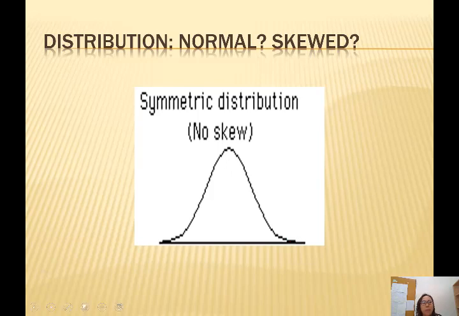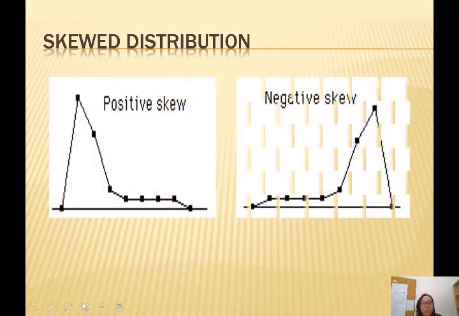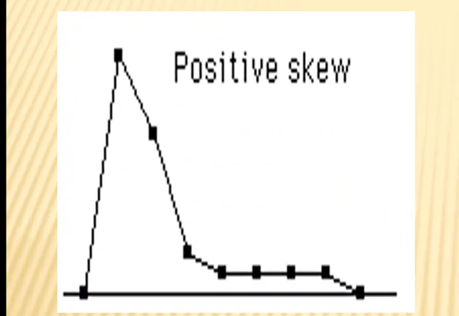So any shift from this normal distribution is what we call a skewed distribution. Here are some examples of a skewed distribution. Here on the left side, a positive skewed distribution has a graph that has a hump that shifted to the left side, leaving a long tail to the right side or the positive side.